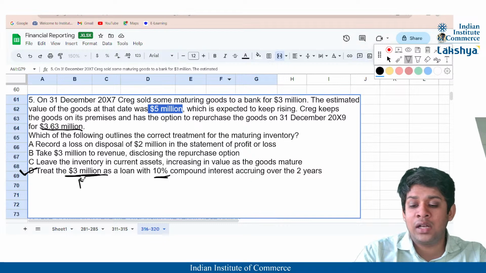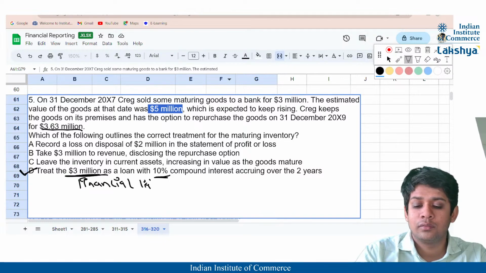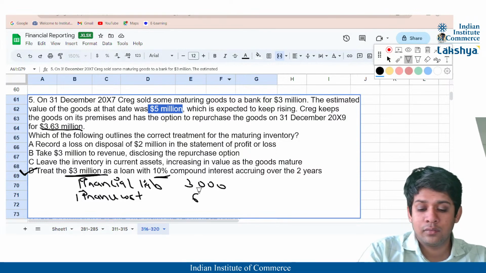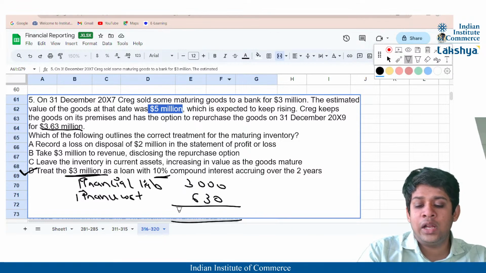So right now I will create a financial liability of 3 million. I will charge finance cost over it and increase the financial liability by that finance cost of 630, or you can say 0.63 million, to reach the value of 3630, or you can say 3.63 million, over the period of 2 years.